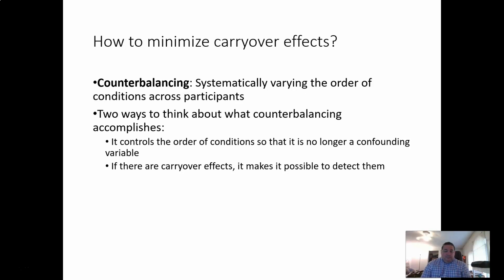The next person might be 1, 3, 4, 2. Another might be 2, 3, 4, 1. And another could be 4, 3, 2, 1. And so it is possible to switch up all the different orders and balance the overall outcomes.